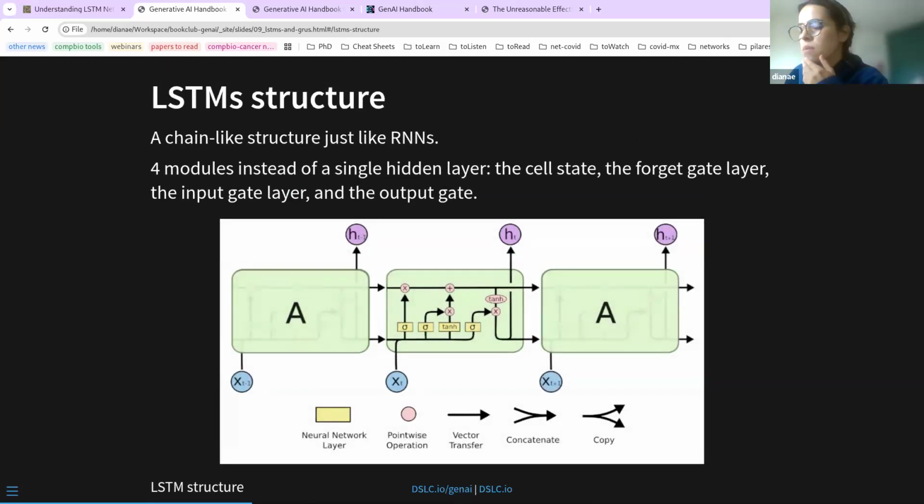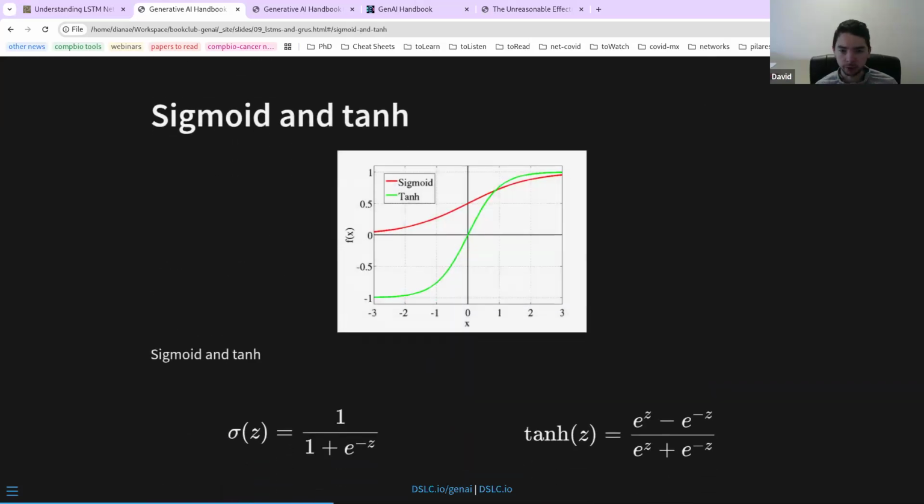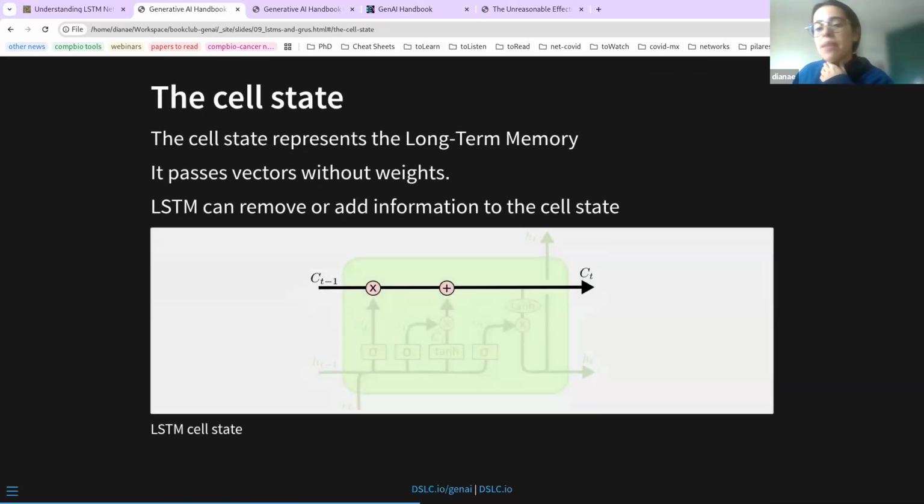I do have one question. Why doesn't this suffer from the vanishing or exploding gradient problem? Is it because the sigmoid normalizes it between 0 and 1? Yes, because it normalizes to 0 and 1, and because you update that cell state during each time step.